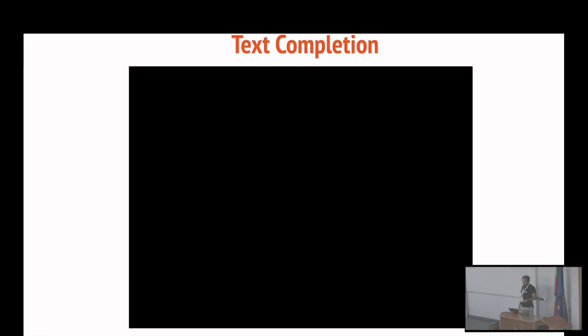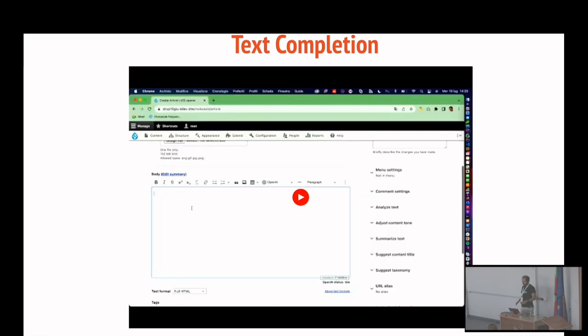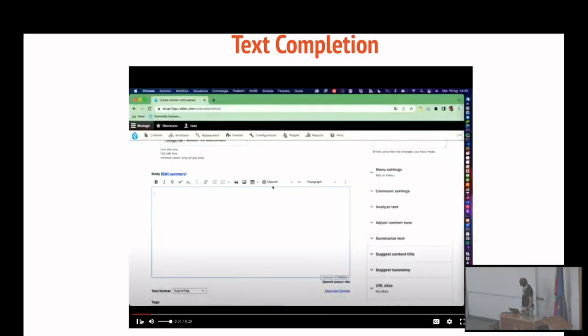So let's start with a very simple demo. We are in the body of a standard article content type, if you can see. Okay, we are in the body of an article content type, and we clicked on the OpenAI extension that we added before into the text format, and we asked for the history of Italy in 70 words.